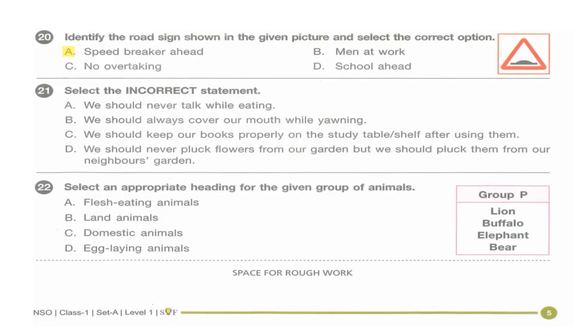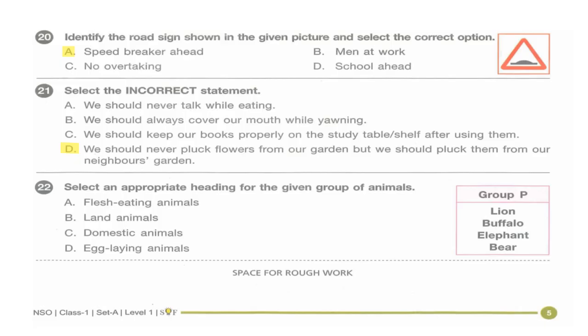So we have to select the incorrect statement. So answer is option D. The incorrect statement is we should never pluck flowers from our garden, but we should pluck them from our neighbor's garden.